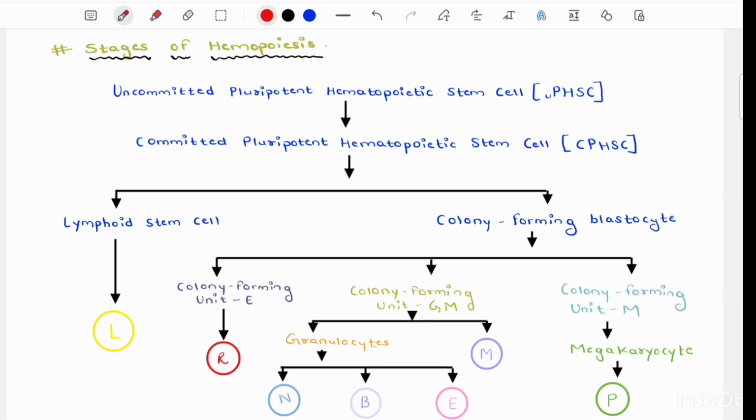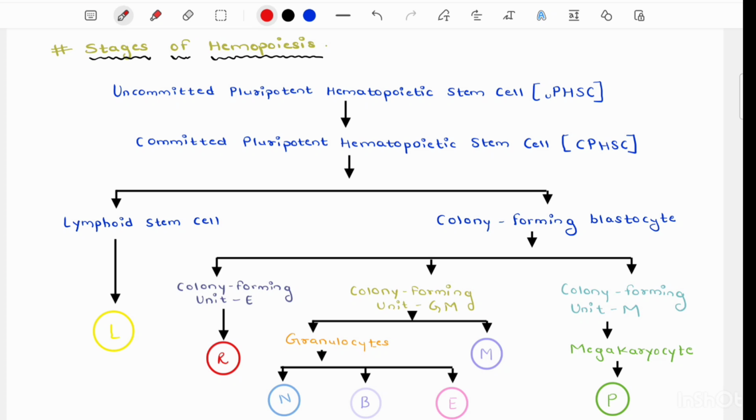So, as you all know, stem cell are the primary cell capable of self-renewal and differentiating into specialized cell. Here, hematopoietic stem cell are the primitive cells which are present in the bone marrow, which gives rise to different types of blood cell. Hematopoietic stem cell in the bone marrow are called uncommitted pluripotent hematopoietic stem cell, that is PHSC.